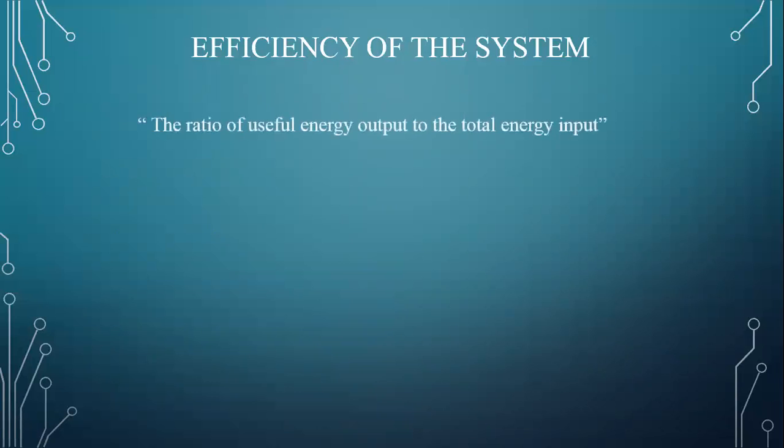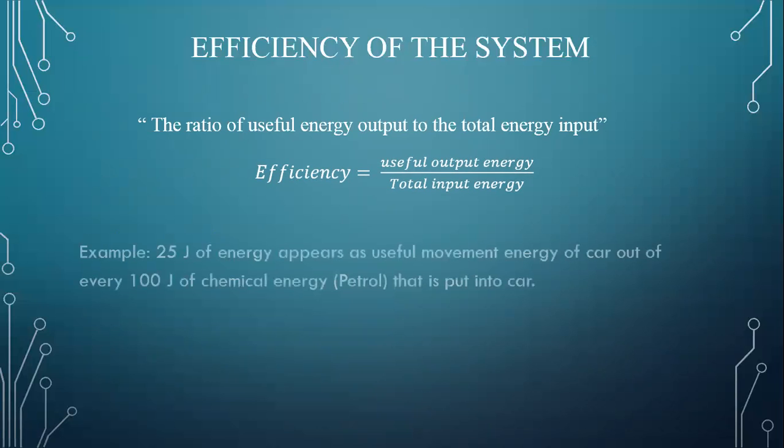It is actually the ratio of useful energy output to the total energy input. यानी इन दो क्वांटिटीज की रेशियो होगी. यूजफुल एनर्जी आउटपुट जो हमें आउटपुट के तौर पे वापस मिल रही है, and the total energy which is provided to the system. So their ratio is known as efficiency, and mathematically it is useful output energy to the total input energy.